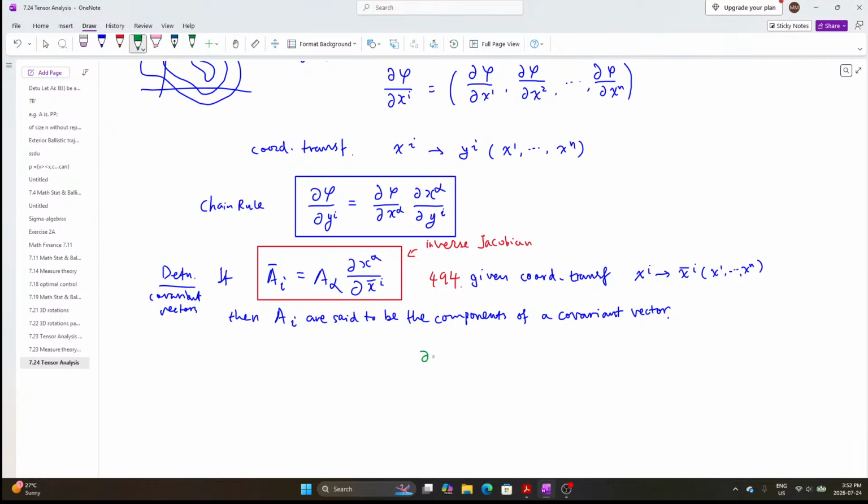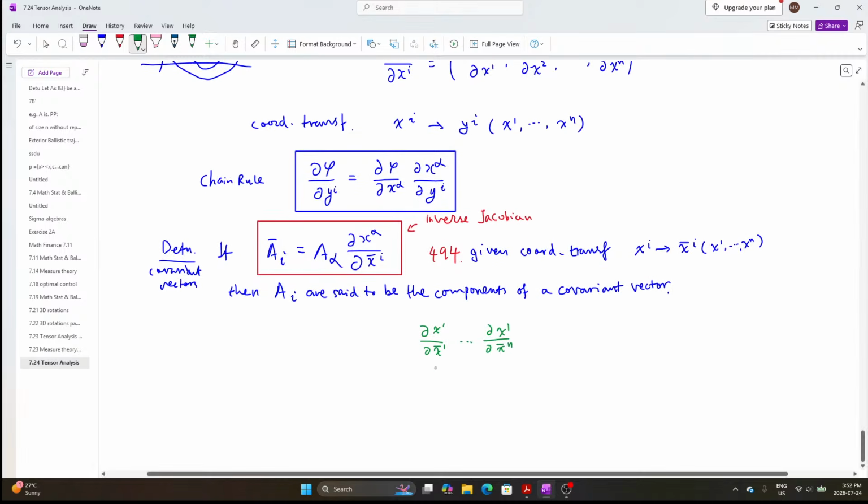The inverse Jacobian is dx^1/dx̄^1 all the way to dx^1/dx̄^n, and it goes down to dx^n/dx̄^1, and all the way to dx^n/dx̄^n.